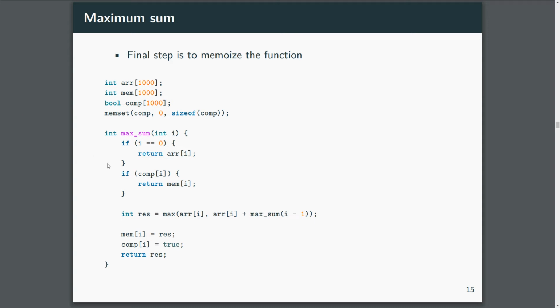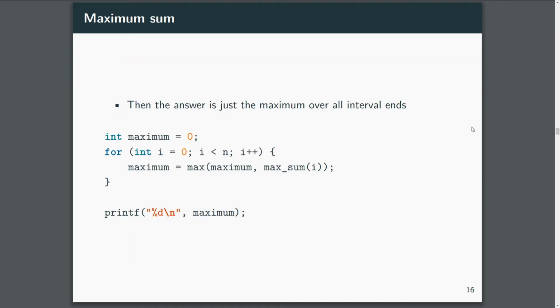And then you check, have I computed the value? And at the end of your computation, you set that the value has been computed. And finally, after defining this function, we take the maximum over all interval ends.